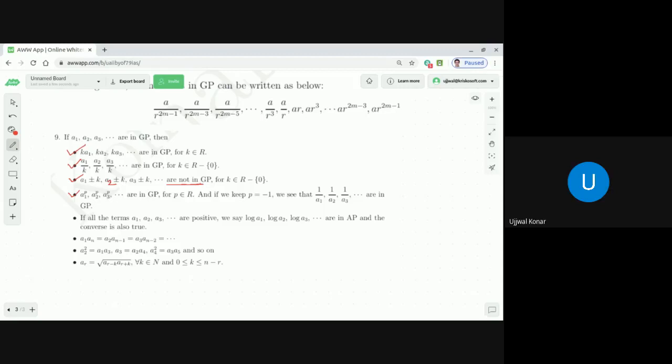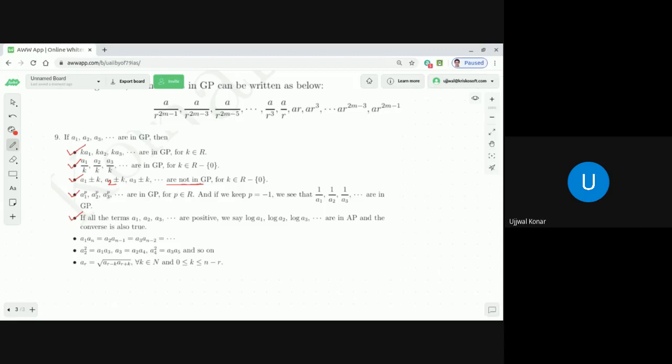Correct, no? So that is why all these numbers have to be positive. And the converse is also true. That means if the logs of some numbers are in arithmetic progression, then those numbers are in geometric progression. That is, if log A1, log A2, log A3 and so on are in arithmetic progression, then A1, A2, A3 and so on are in geometric progression, subject to the condition that A1, A2, A3 are all positive.